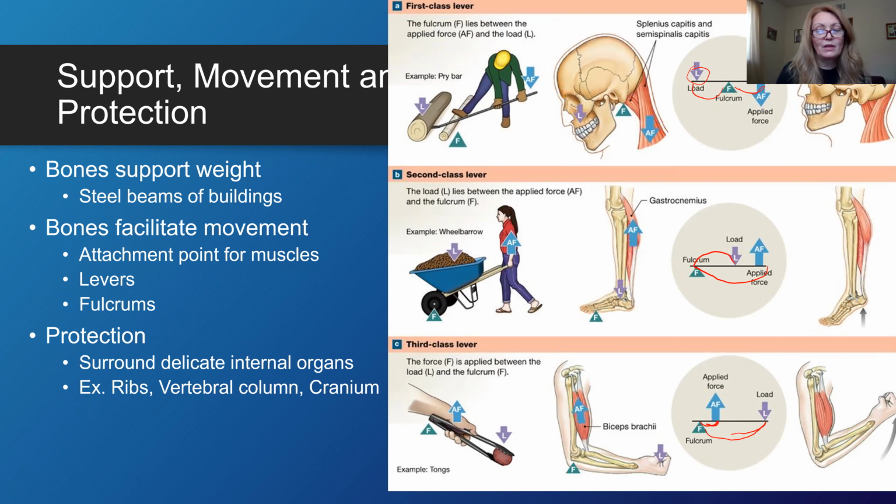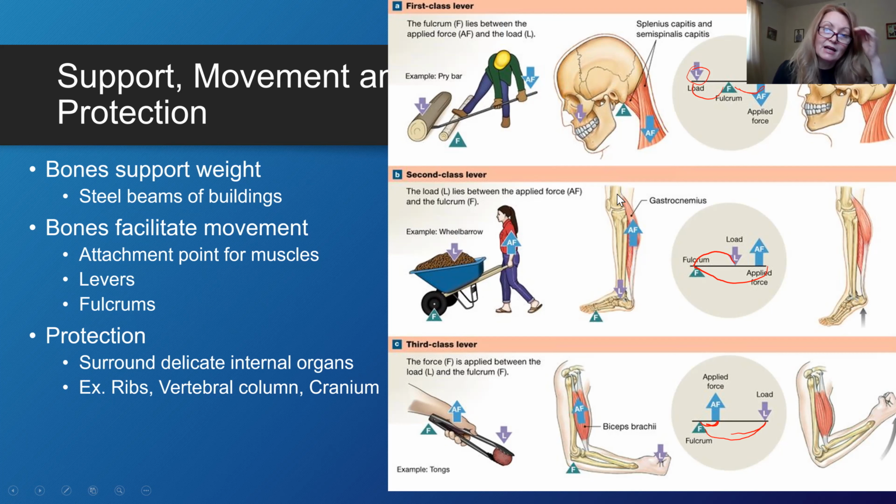So basically, you have this point of attachment that is a fixed point, right? And then you have your force, your muscles contracting, and you have your load, which in this example is your bones, or your whole body.